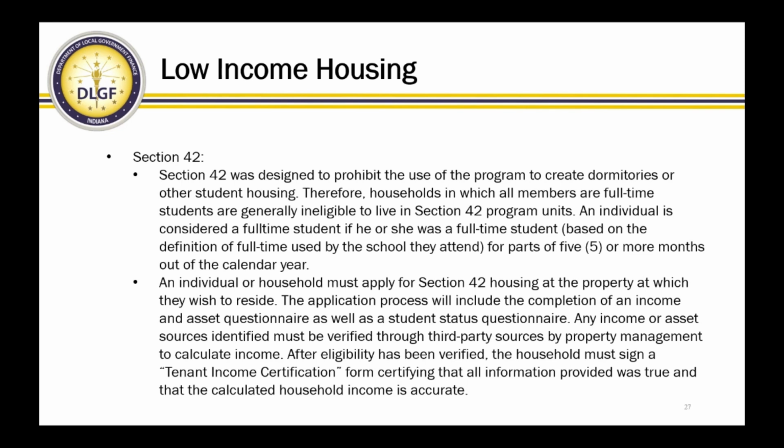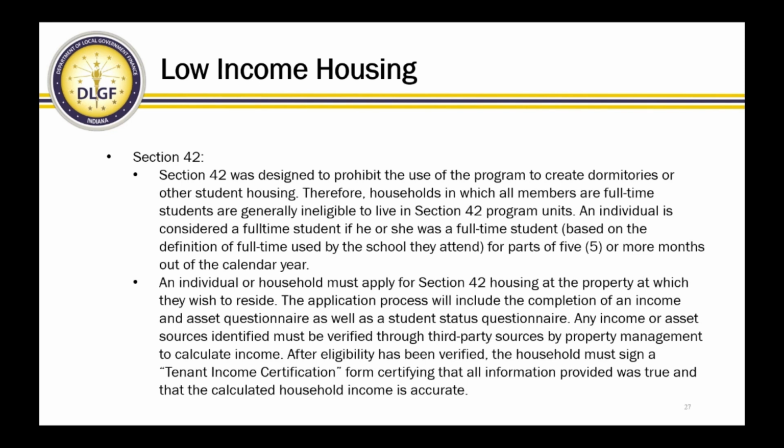The individual must apply for Section 42 housing at the property where they wish to reside. So if I wanted to go to XYZ apartment complex or housing units, I would have to apply at that housing unit. And then that's when the application process takes into account the income.